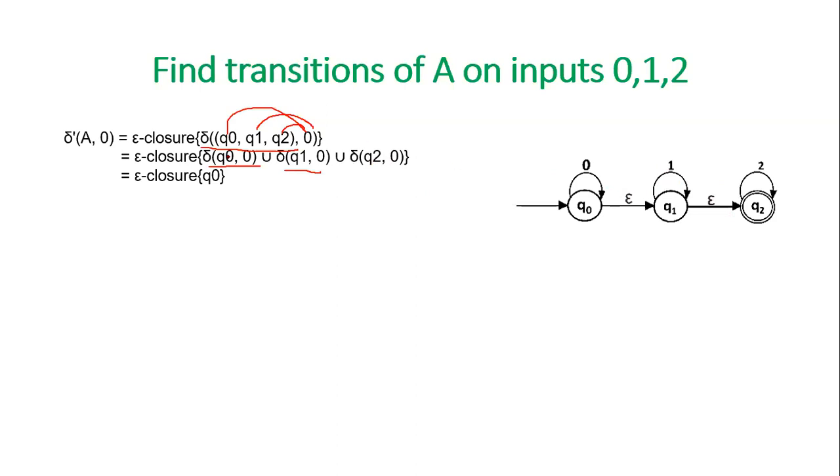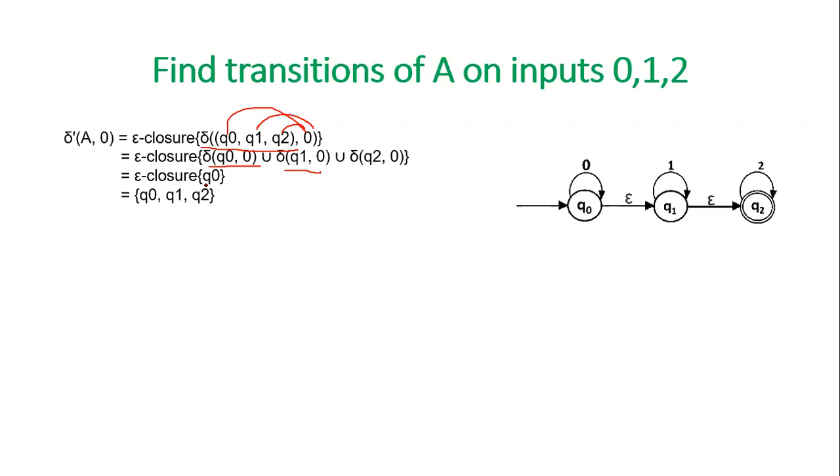So we have only Q0. Both the other two terms are null. So I can say epsilon closure of Q0 again. What is the value? Q0, Q1 and Q2. Okay, this is the delta dash, I mean the transition, of A comma 0. Like that we have to calculate A comma 1 and A comma 2. Please do the particular transition and update me.